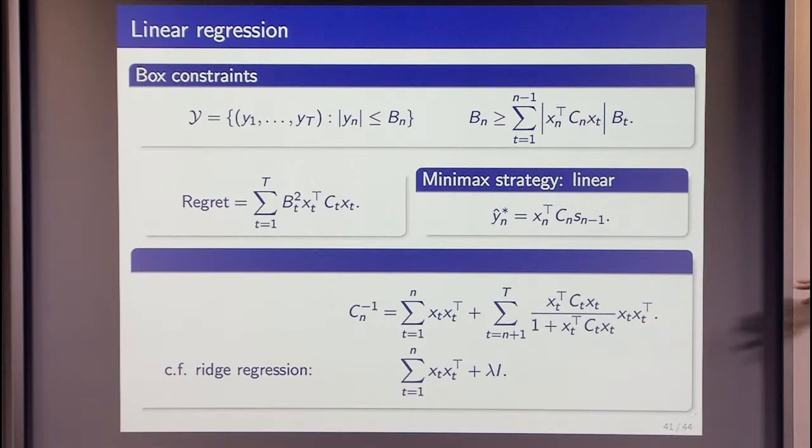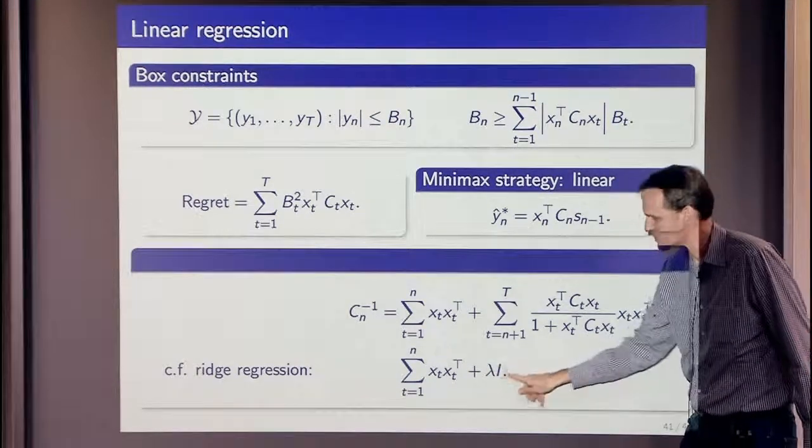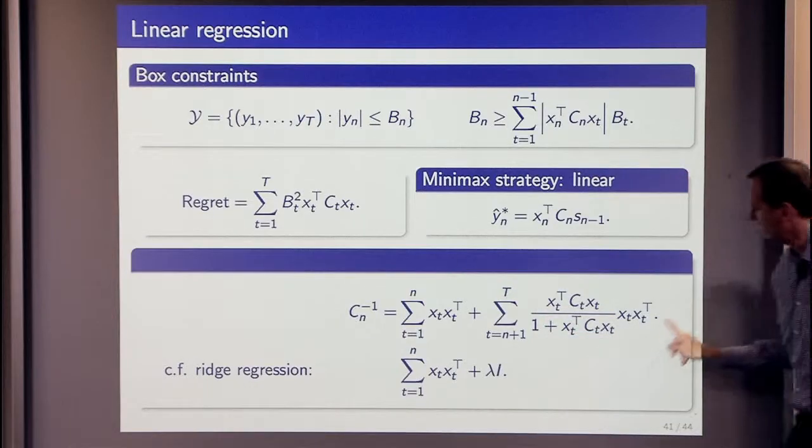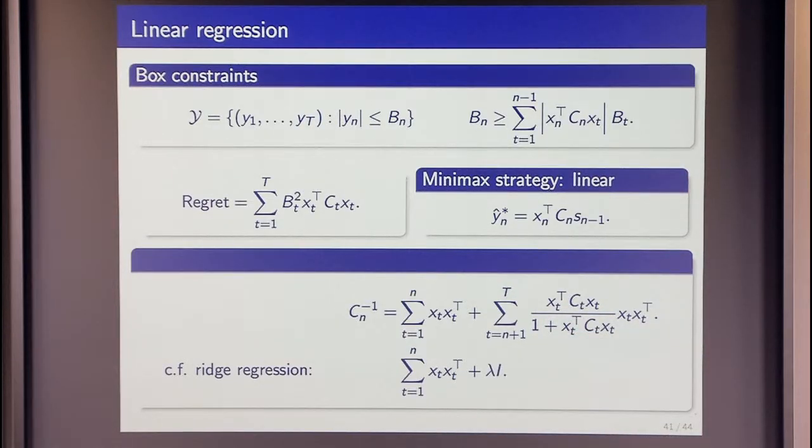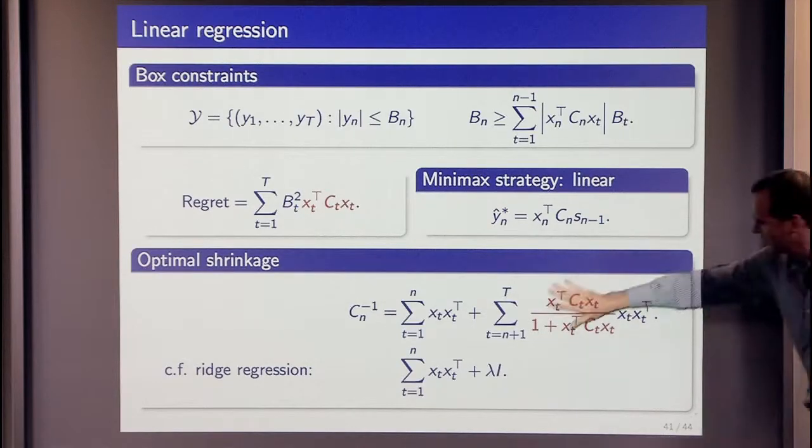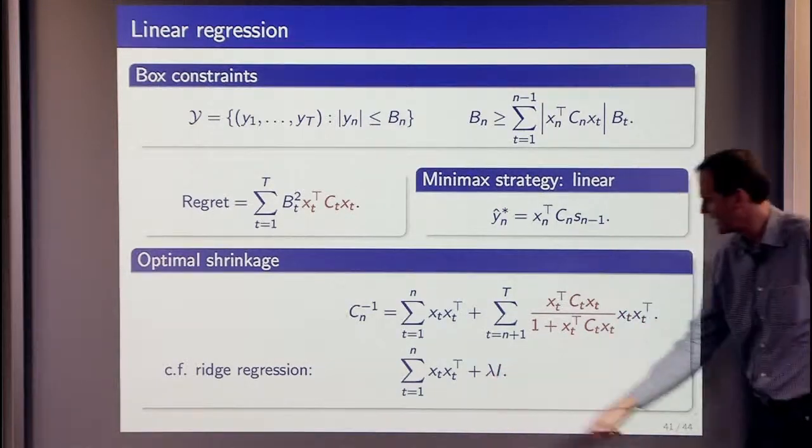So if we think about this as an analog of ridge regression, where we have some shrinkage in every direction, what we're adding in here is shrinkage in a direction that's hedging against future values of these future directions, and the amount of shrinkage depends on the contribution to regret that we're going to see from these future x's. So you can think of that as the optimal shrinkage that arises.